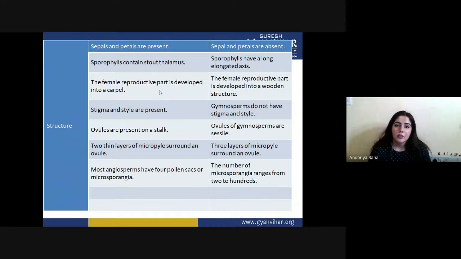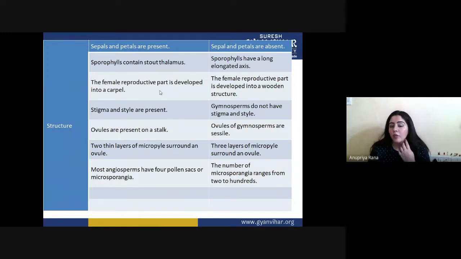Sporophylls contain a stout thalamus. The leaves present on the reproductive structures are called sporophylls. In angiosperms, the sporophylls have a very reduced kind of thalamus.